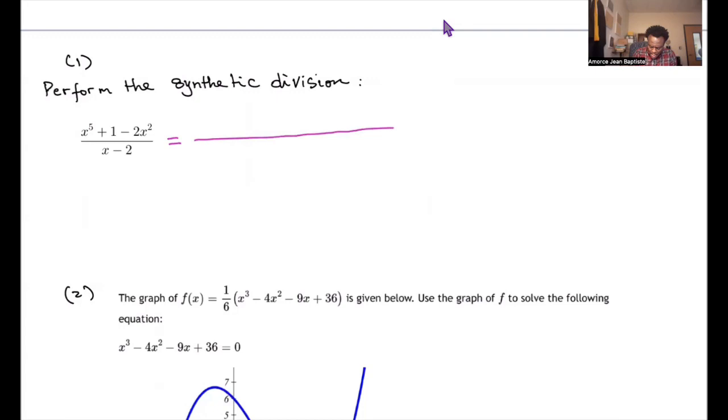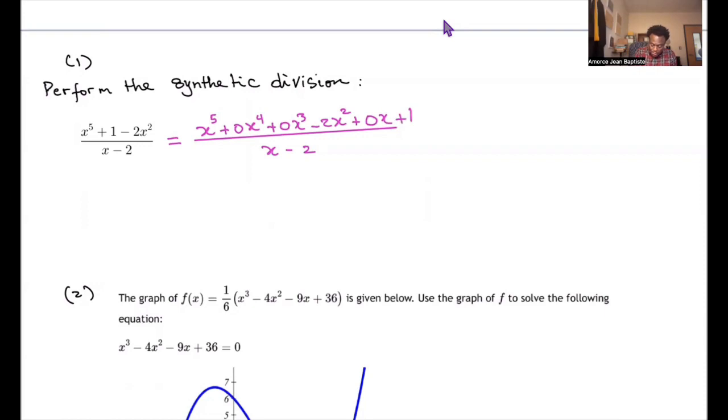which means the problem should have been written as, the denominator is fine, x minus 2, but that's an x to the 5th plus 0x to the 4th plus 0x cubed minus 2x squared plus 0x plus 1.